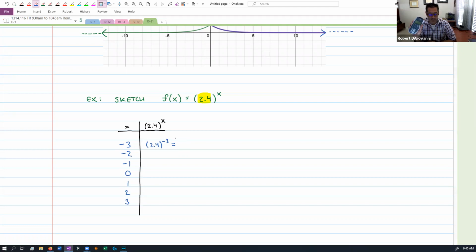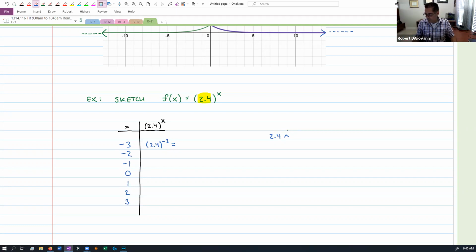I would type 2.4, use my caret key, and then, very important, put in -3. On these calculators, your negative key is not the minus key. Your negative key is the key down here underneath the 3. Do not use the minus key.